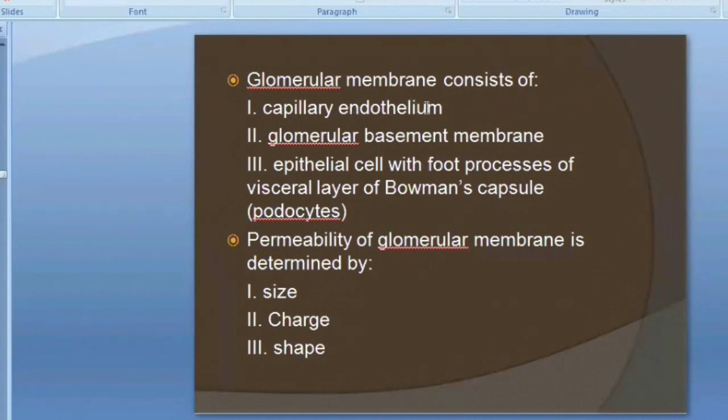Capillaries, capillary endothelium. This is on the inner aspect of the capillaries. Then this capillary endothelium rests on the basement membrane.